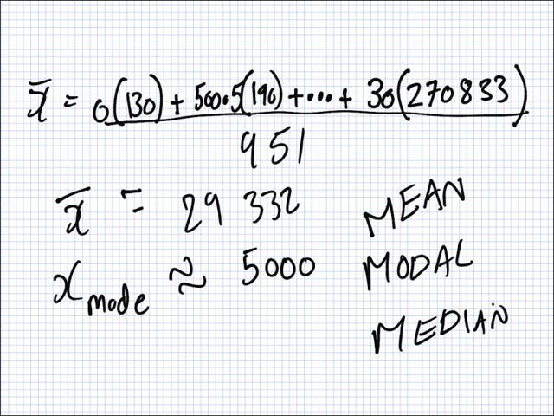So if you count that up, you discover that the median bracket is the same one, the 1,000 to 10,000 bracket. So also the median is roughly 5,000 euros.